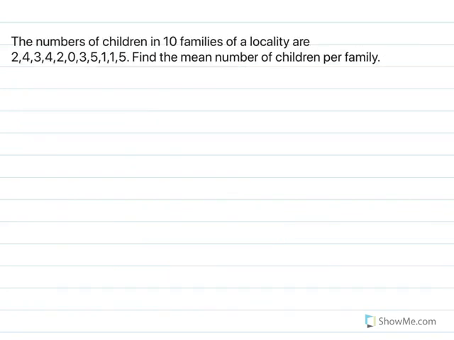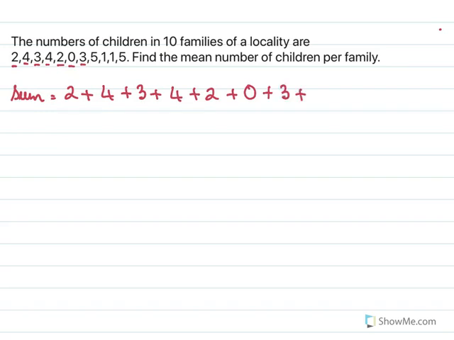The number of children in 10 families of a locality are given below. Find the mean number of children per family. So first we need to find the sum. So the sum will be 2 plus 4 plus 3 plus 4 plus 2 plus 0 plus 3.